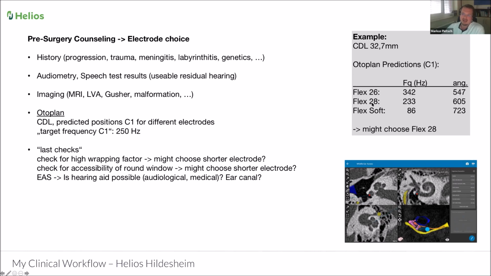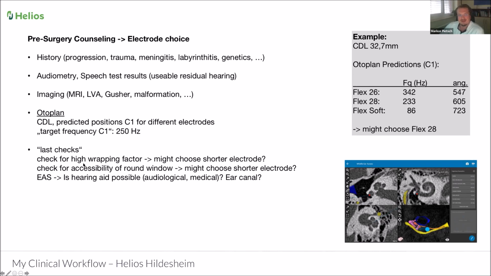You see that in this case, the step from the 28 to the next longer electrode is very, very big. So you have a target frequency for the most apical contact with the Flex Soft of 86 Hertz. And the angular value between those predictions is 120 degrees. So you have almost between a quarter and a half turn longer or deeper insertion.